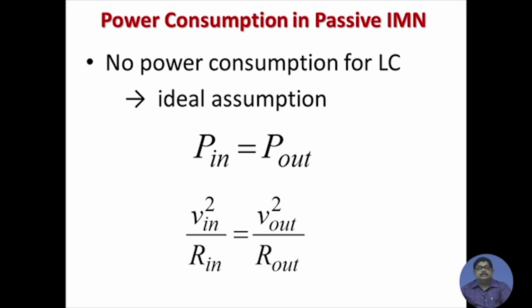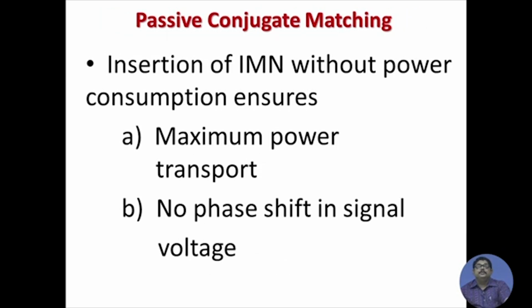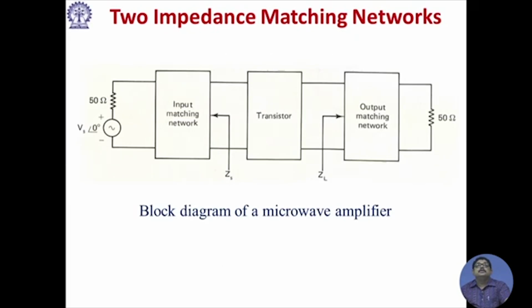That is why, whatever input power you give to the impedance matching network, if it is based on passive LC, the same power you can take out, as there is no dissipation in the L and C. So you ensure the maximum power transport, with no phase shift in signal voltage here also.